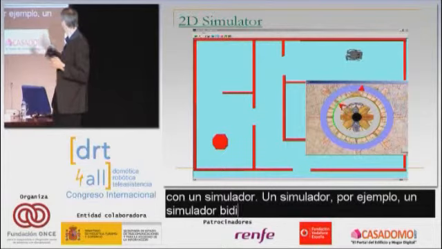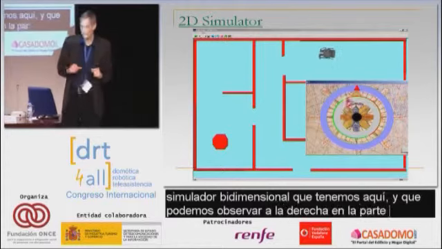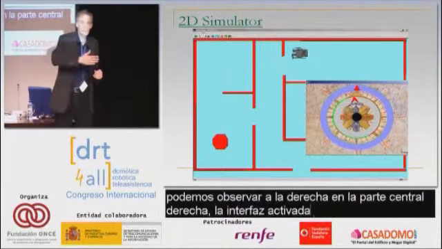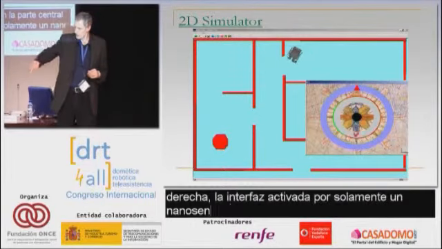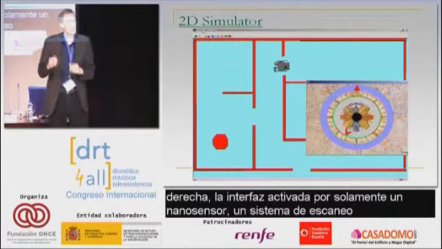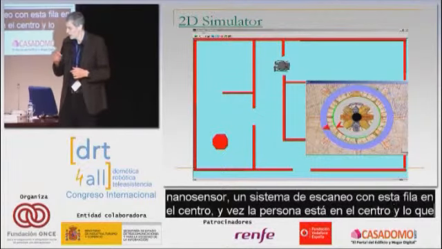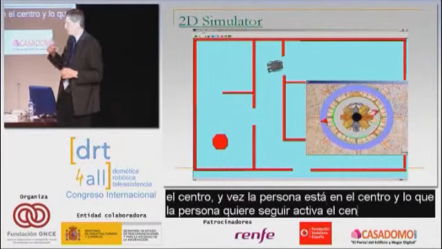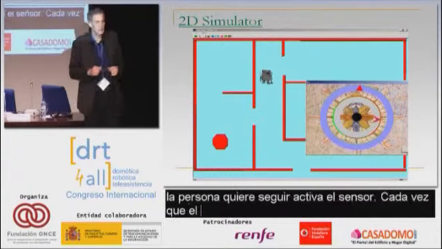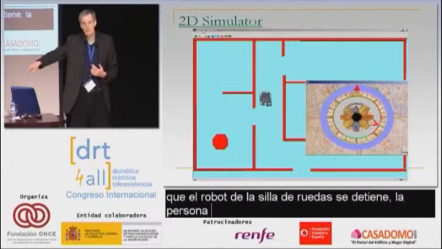You can see on the right, center right, the interface activated by only an on-off sensor. There is a scanning system with a row in the center, and once a row is in the direction the person wants to follow, he activates the on-off sensor. Every time the robot or the wheelchair stops, the person enters a new direction with this scanning system.